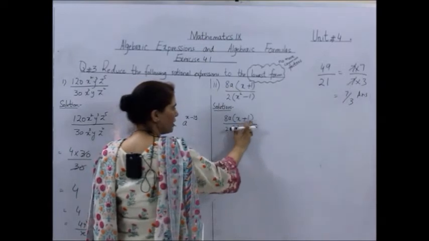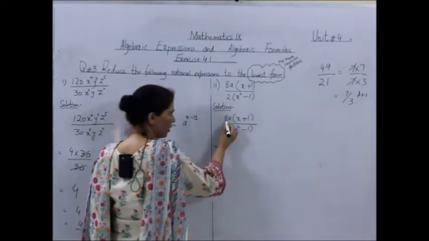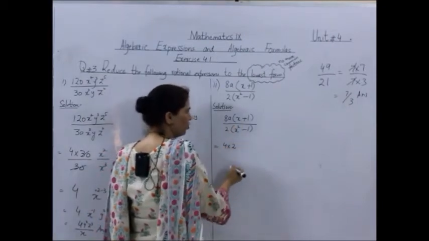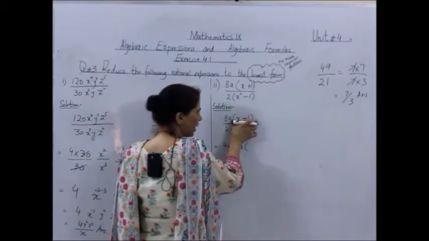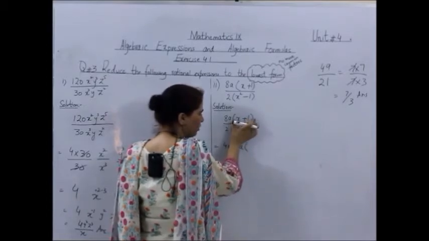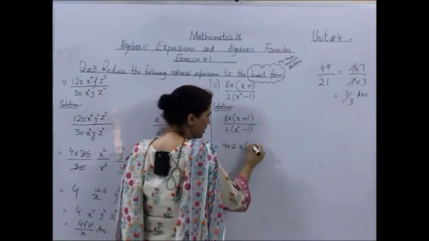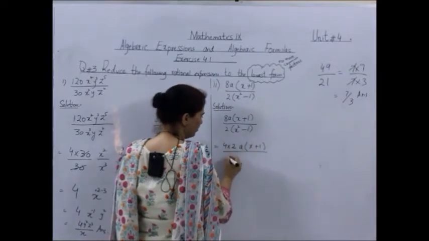8(x plus 1) by 2x square minus 1. Okay, look at this 8. We can write it as 4 into 2(x plus 1). We cannot reduce x plus 1 because we cannot apply any formula over here, as x plus 1 is a single factor.